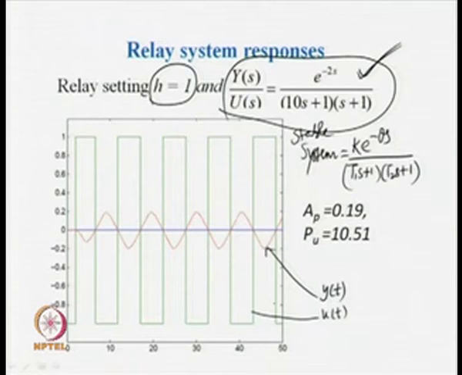Again, how can I draw the delayed input signal to the system? The only thing I have to do is delay this by the delay of 2 seconds. That will enable me to draw the waveform in this delayed form, like this.